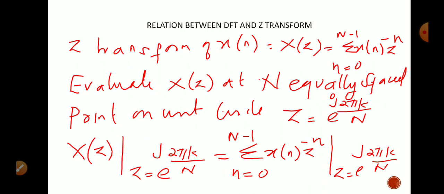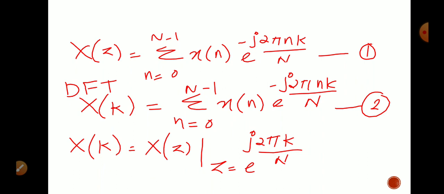Evaluating X(z) at N equally spaced points on the unit circle, here z equal to e raised to j 2 pi k by N. For evaluation, we are substituting z equal to e raised to j 2 pi k by N in the Z transform equation. That means X(z) at z equal to e raised to j 2 pi k by N equals summation 0 to N minus 1 x(n) z raised to minus n at z equal to e raised to j 2 pi k by N.